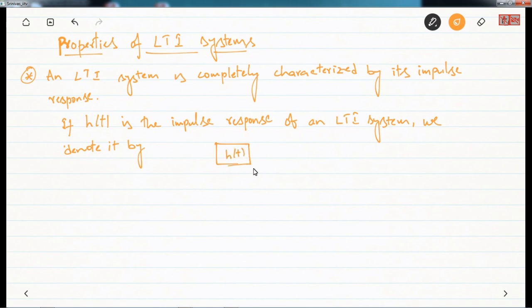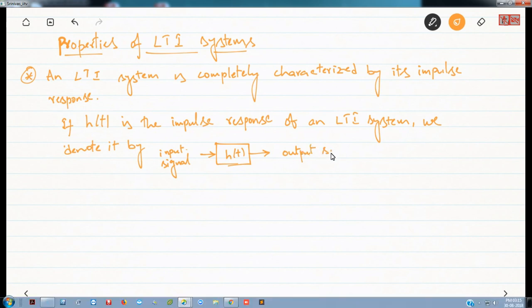This rectangular box is the system, and generally we denote the input signal here and the output signal here.